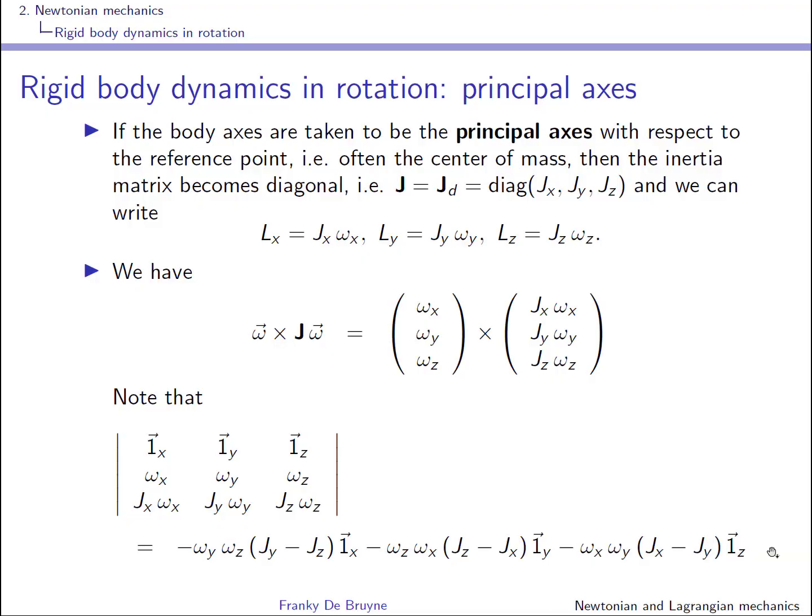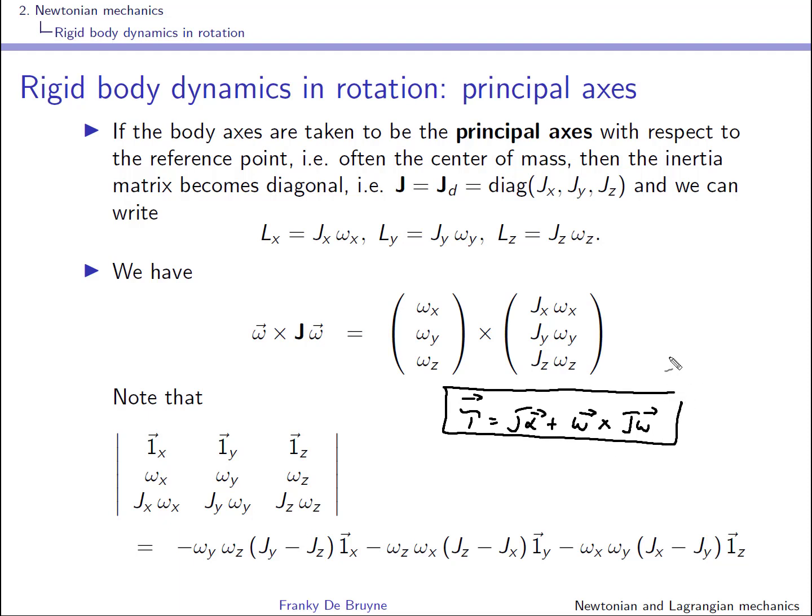Okay, remember Euler's equation. Yeah, so we have tau is J alpha plus omega cross J omega. So this is Euler's equation. Okay, so we're going to take a J that becomes a JD. So this thing here, which is L, simplifies simply because the matrix is diagonal.